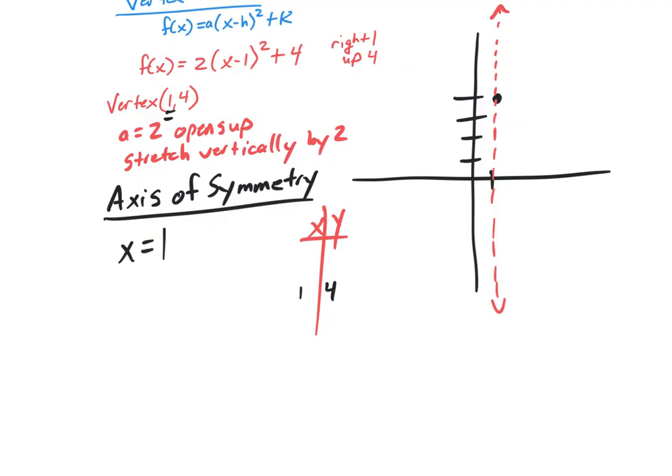Right now, this is the middle. So I would pick a couple of points to the right, like 2 and 3, and a couple of points to the left of 1, which would be 0 and -1, so my graph is a little bit more accurate.